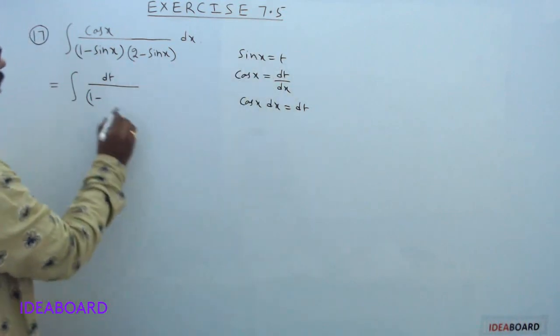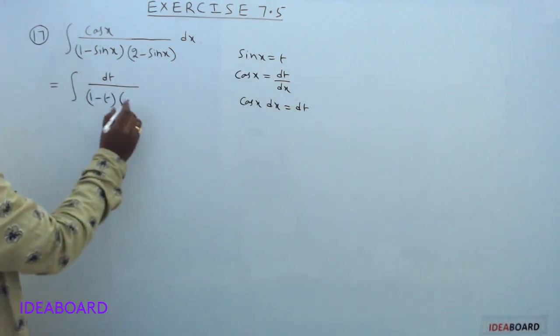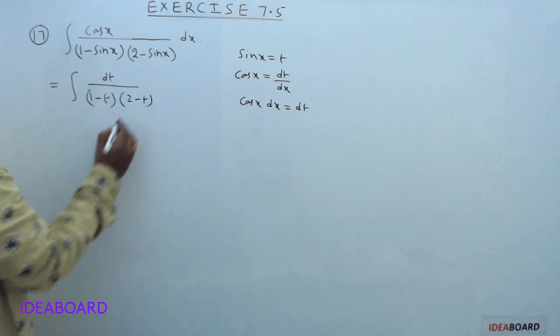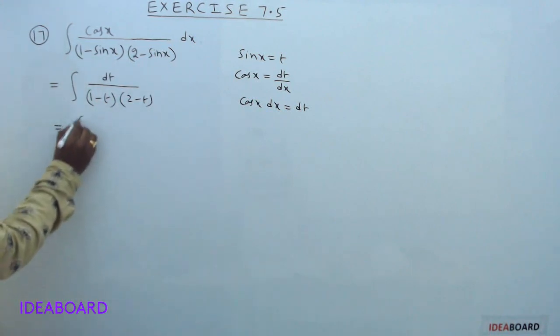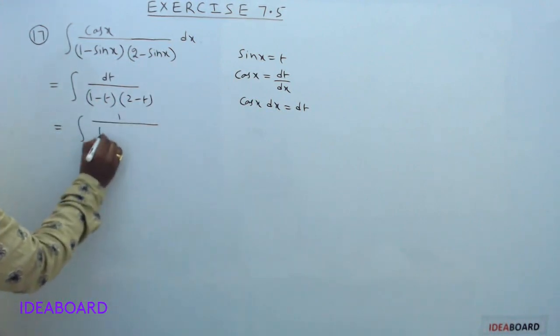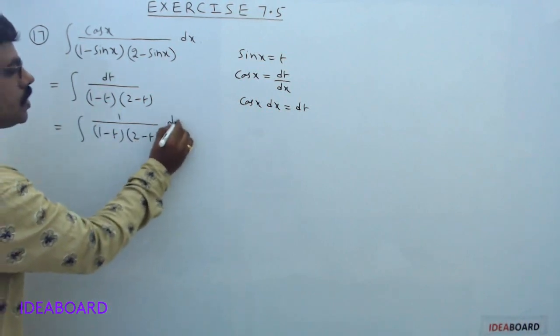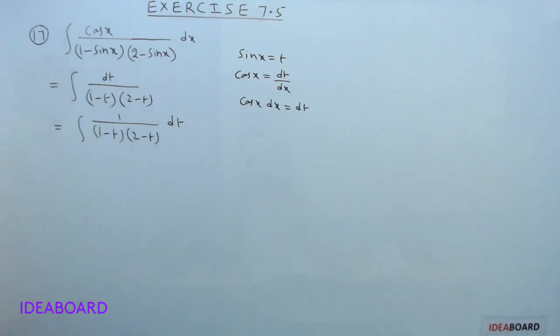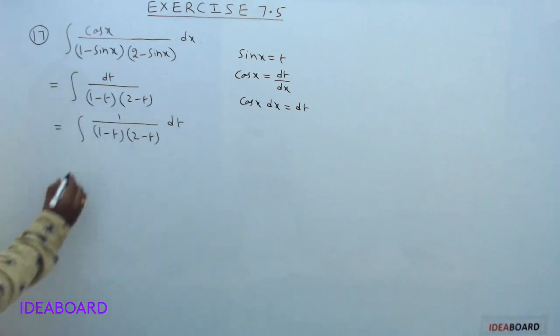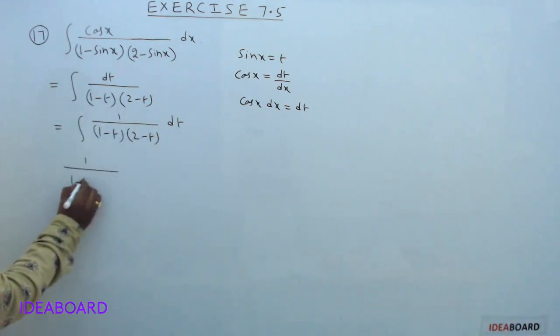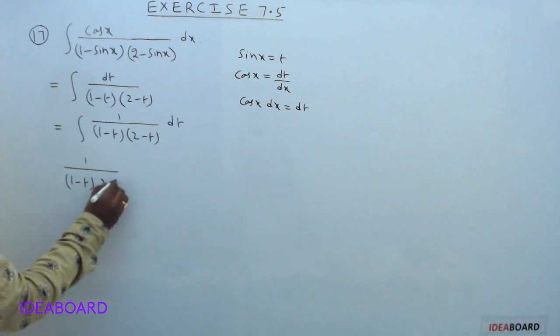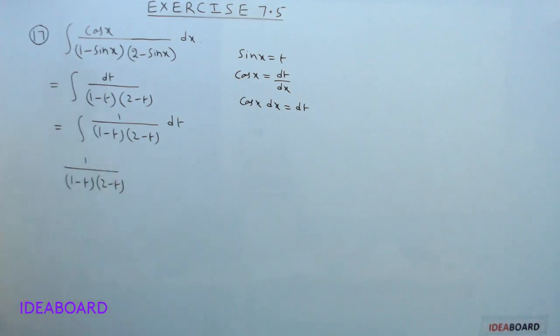Sin x is nothing but t. So 1 minus t into 2 minus t. Now this is integral 1 divided by 1 minus t into 2 minus t into dt. Take this integrand separately. 1 divided by 1 minus t into 2 minus t.